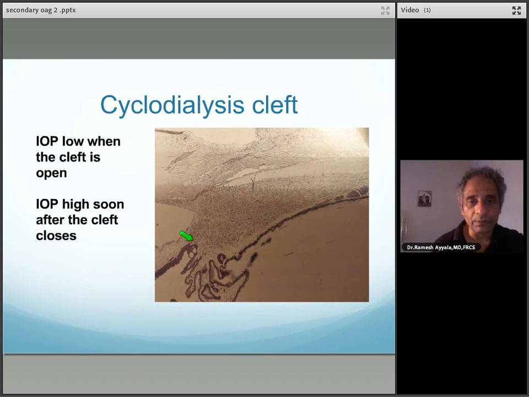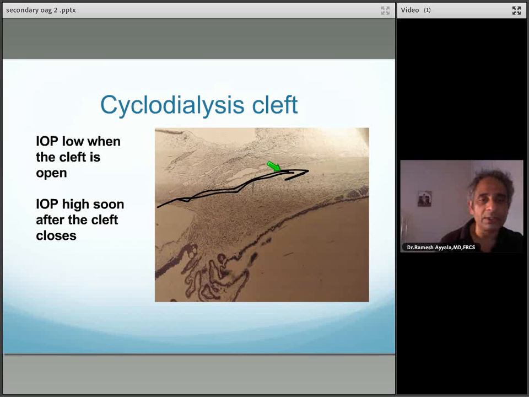Here is histology of the same. Once you have a cyclodialysis cleft, because of the increased aqueous outflow pathway to access the supraciliary space, these patients initially exhibit low pressures.